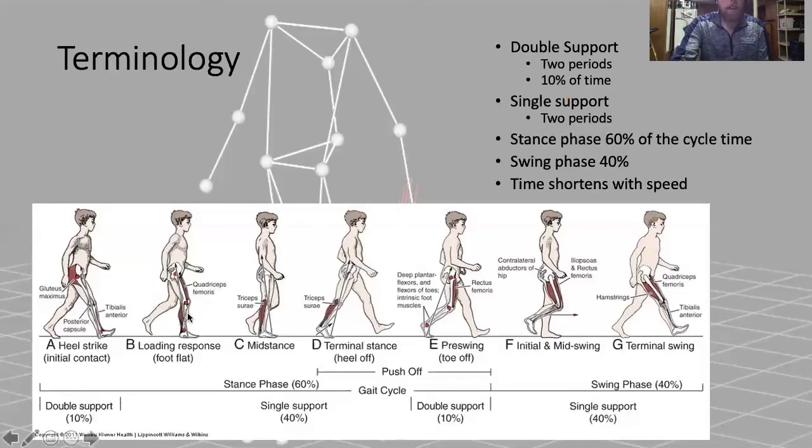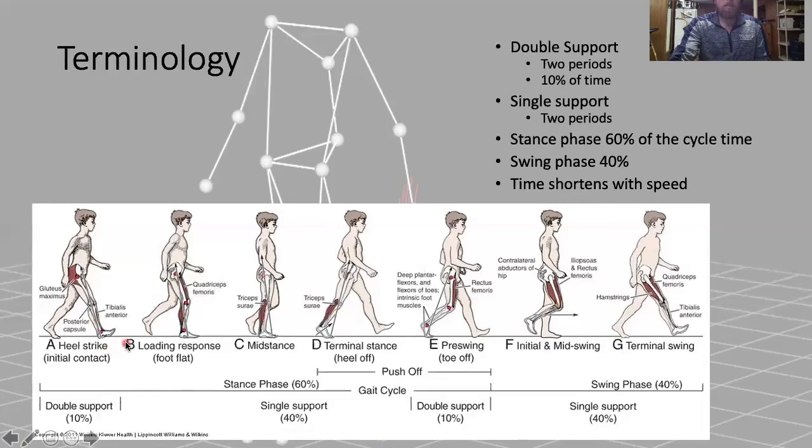And during stance phase and swing phase, we're going to have double and single support, right? During the stance phase of the right leg, the single support is going to be over the right leg. In the swing phase, single support is the left leg as the right leg is swinging.